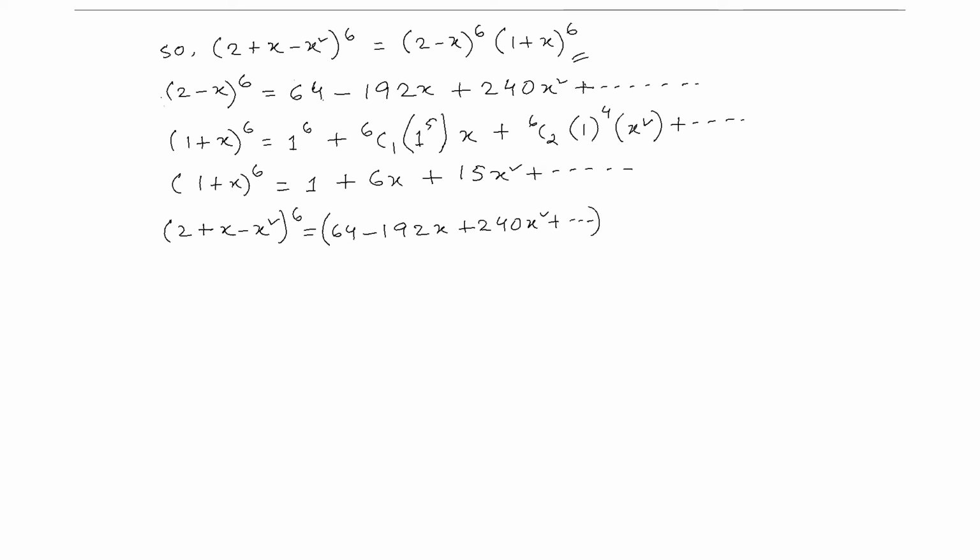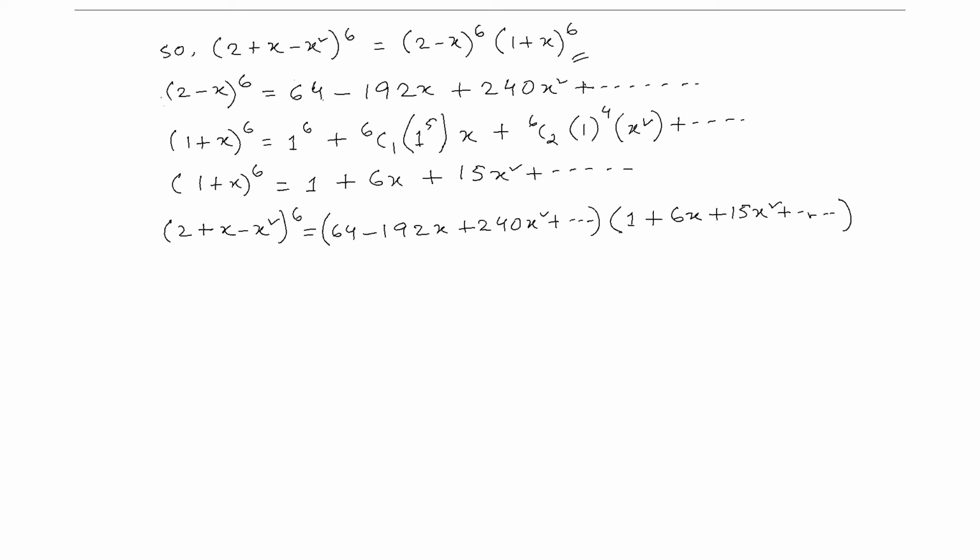Let's close the bracket, then let's open another bracket. Inside the bracket we have to write 1 + 6x + 15x² + dot dot dot, bracket close.